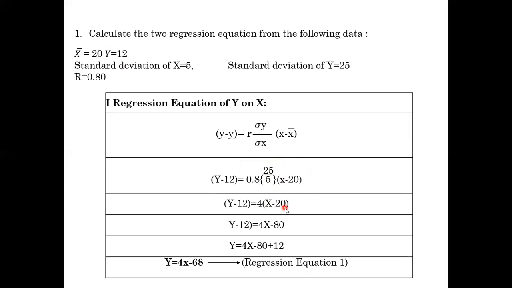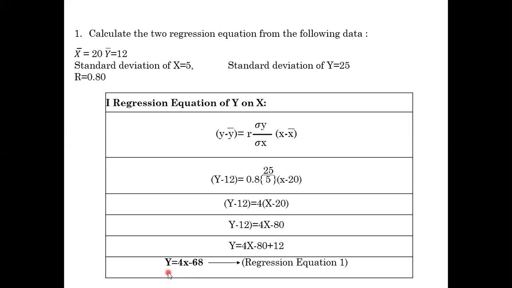Next step: y minus 12 is equal to 4x minus 4 into 20, which is 80. Now y is equal to 4x minus 80, and minus 12 becomes plus 12.